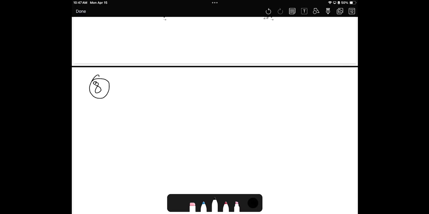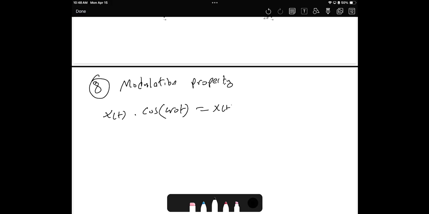Property number 8. Modulation. So basically, when we have x of t times cosine omega naught t equals x of t times 1/2 e power j omega naught t plus e power negative j omega naught t.